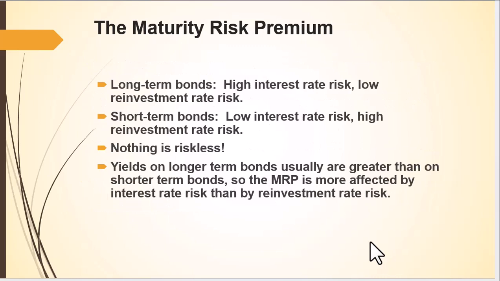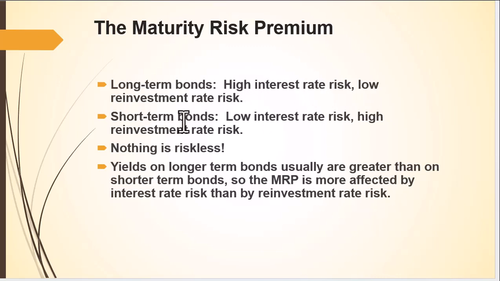So maturity risk premium, again, is time. The longer the time, the more investors want to be paid for delaying their use of their money. So long-term bonds have high interest rate risk. They have low reinvestment rate risk.